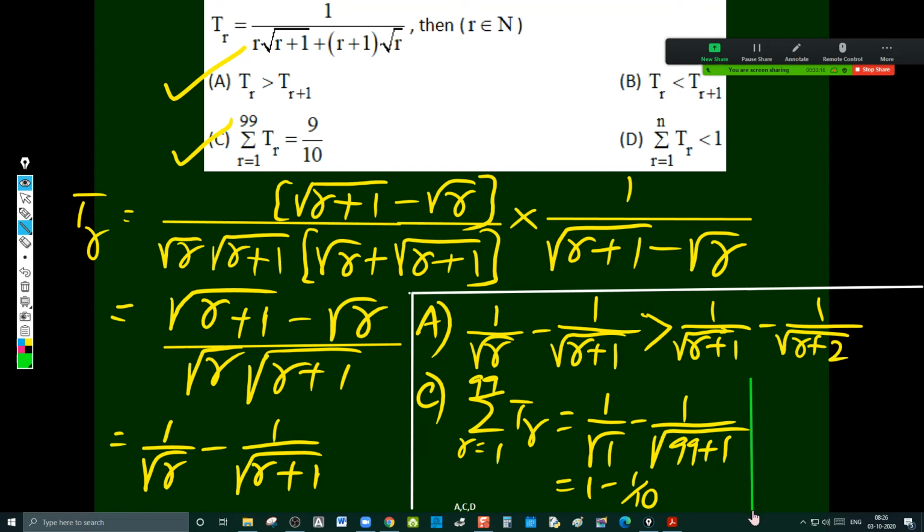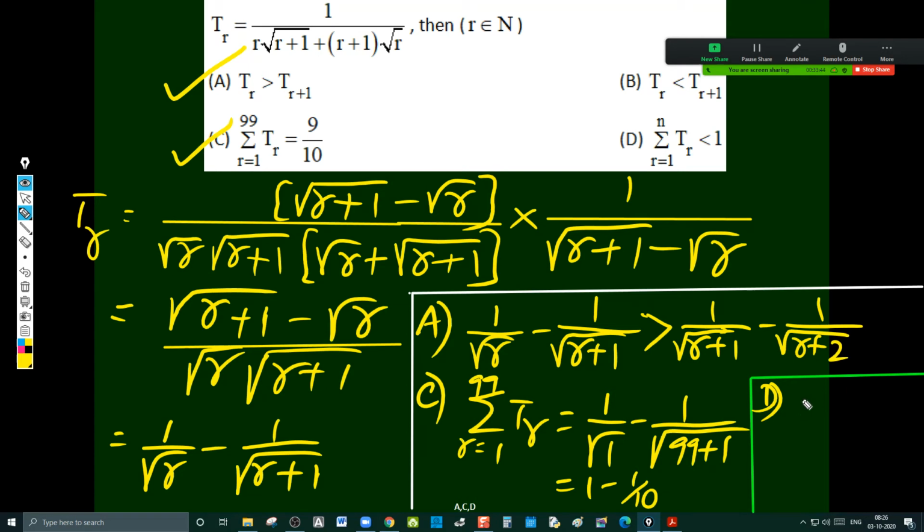The denominator will always be greater than 1, so it will be true. Obviously. Sigma TR, R runs from 1 to n. I'm writing the sigma notation through the telescopic series like this.